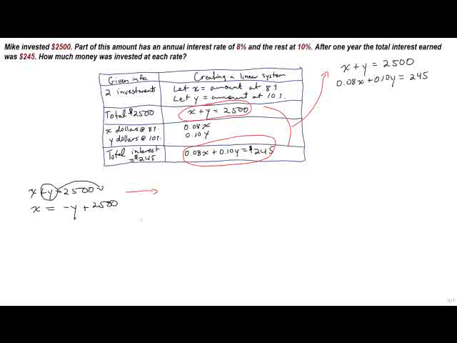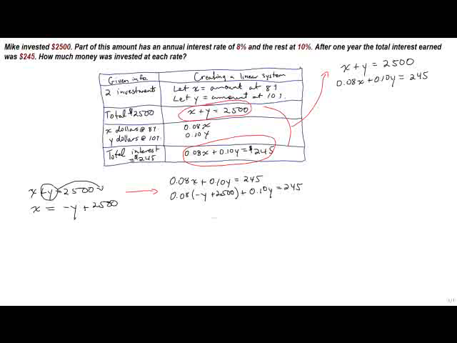So the next step is to substitute this new expression of X into the second equation, and that's going to determine our Y value. So we have 0.08, and in place of X, we're going to put negative Y plus 2,500, plus 0.10Y equals 245.